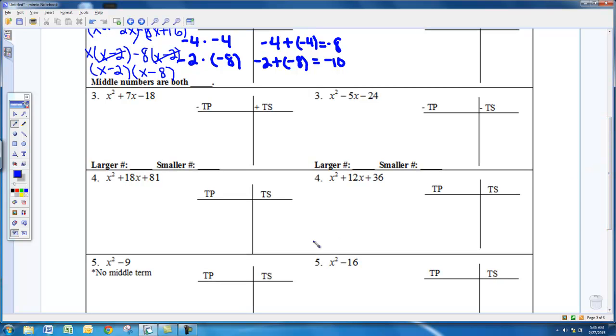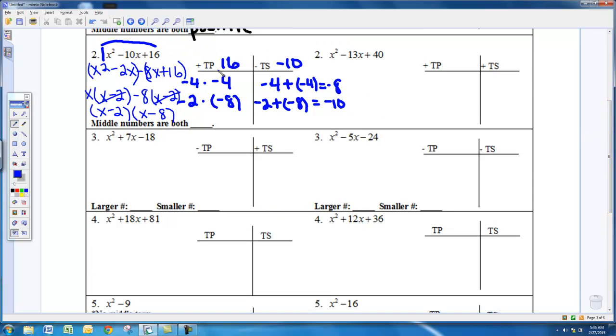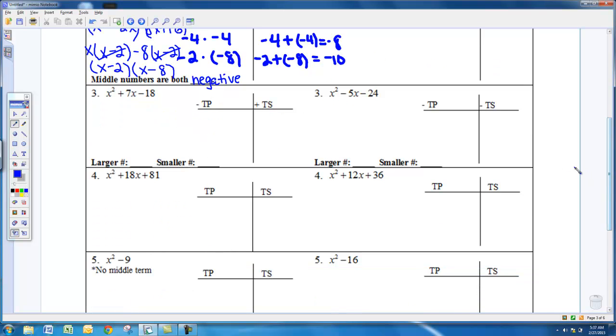This is the last one that we're going to do for the video. Let's go back up here. Notice when the target product is positive and the target sum is negative, both numbers are negative. Okay, now we're going to do one where our target product is negative and our target sum is positive.